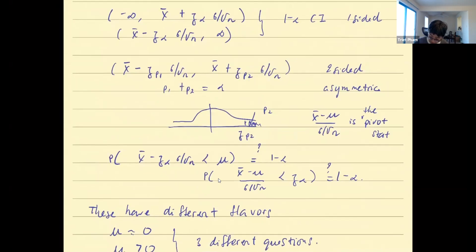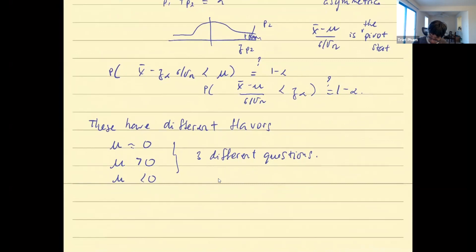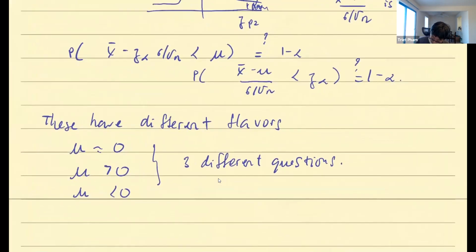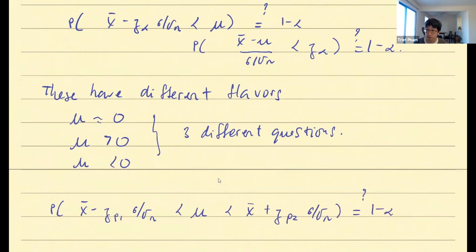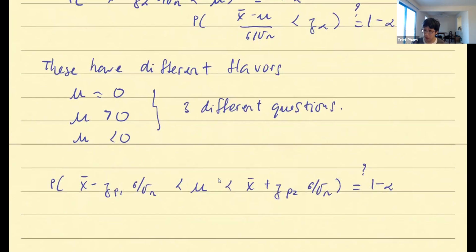Here, I want to show that the probability that x bar minus z_p1 sigma over root n is less than mu, less than x bar plus z_p2 sigma over root n, is equal to 1 minus alpha. That's the question I want to consider. Again, all the randomness centers around x bar.